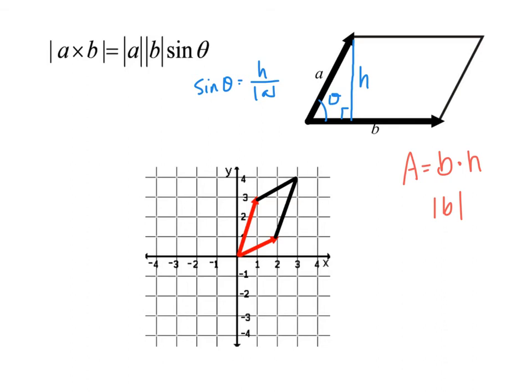So you could multiply both sides by that. So putting that in place, you'll see our cross product formula.